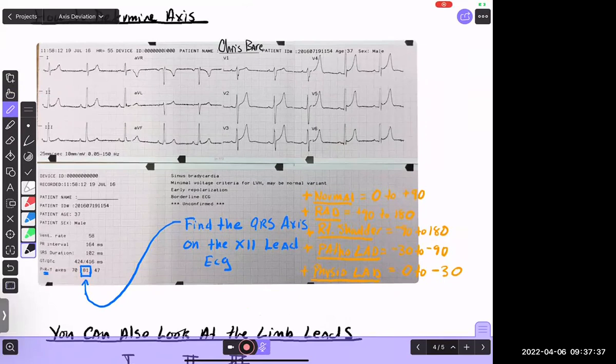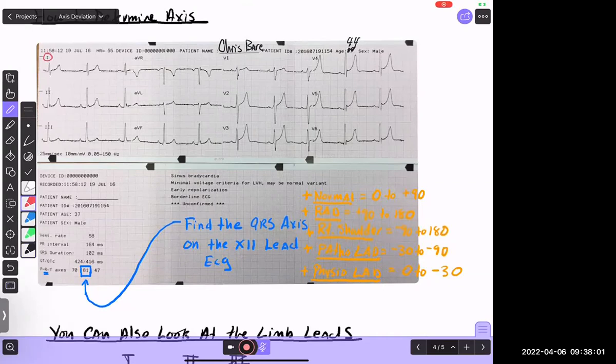Let's look at this EKG. Now, someone tell me, what two leads did I say that we primarily focus on in order to get a general idea of our cardiac axis? Lead I and aVF. So what's going on in lead I?